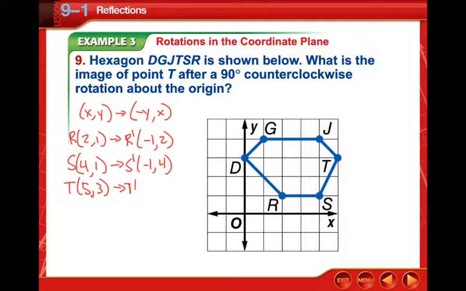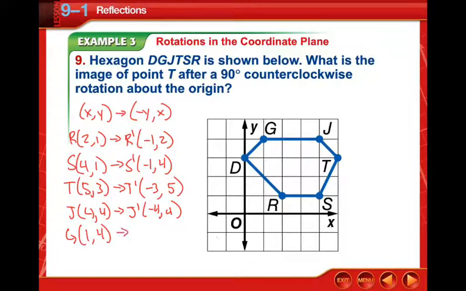T prime is going to be at negative 3, 5. J is at 4, 4, so J prime is at negative 4, 4. G is at 1, 4, so G prime is at negative 4, 1. And D was at 0, 3. D prime is going to be at negative 3, 0.